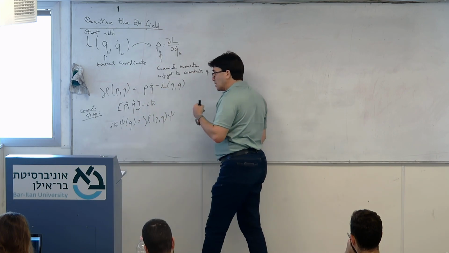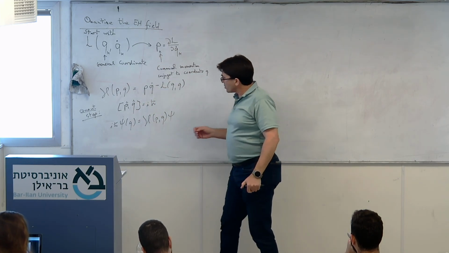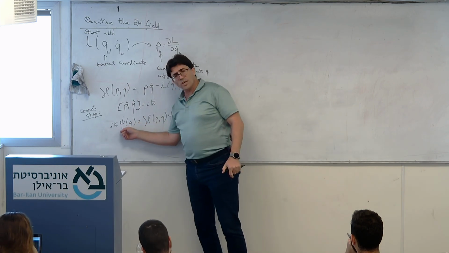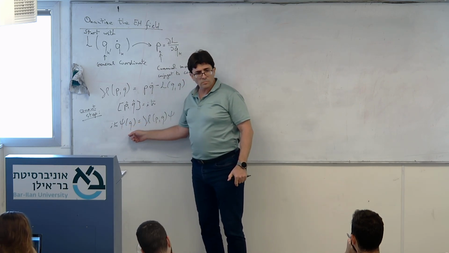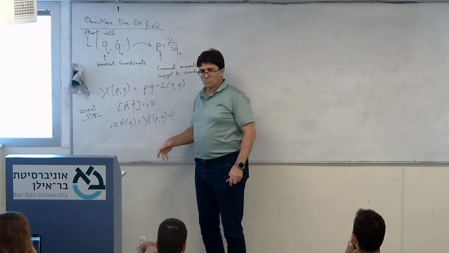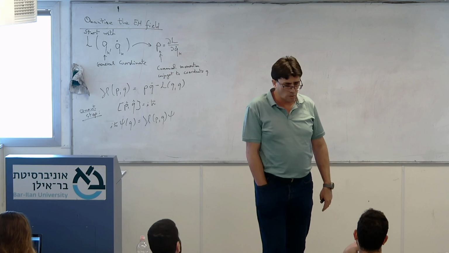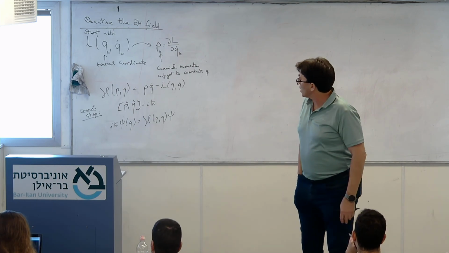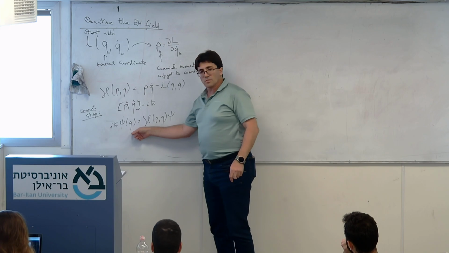Important to note again that this wave function is a function of the coordinate. So when I write the wave function, I express it in terms of the coordinate that I choose. Now the question is, okay, so what is this?